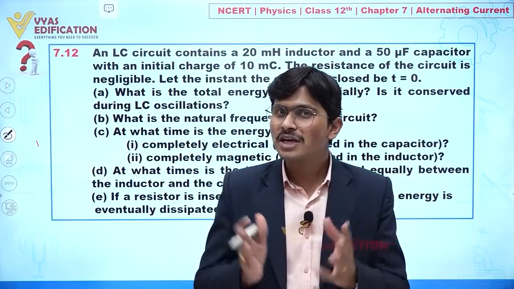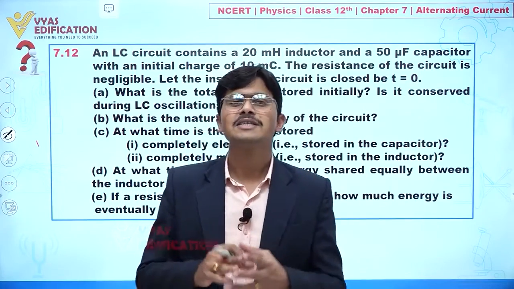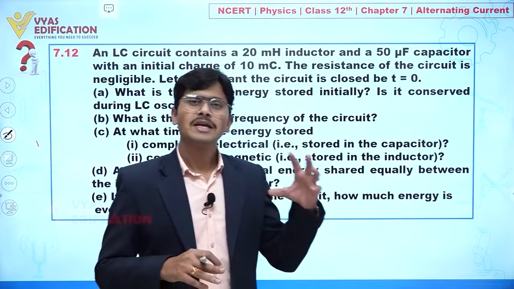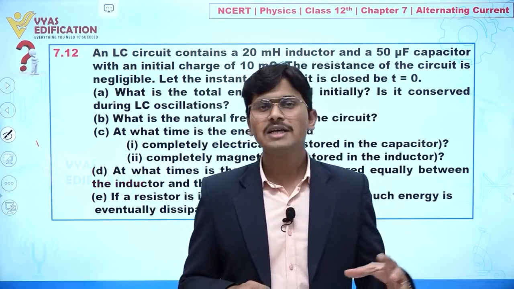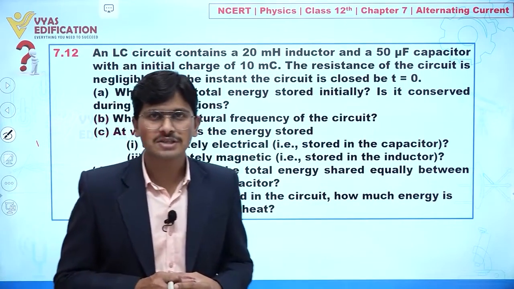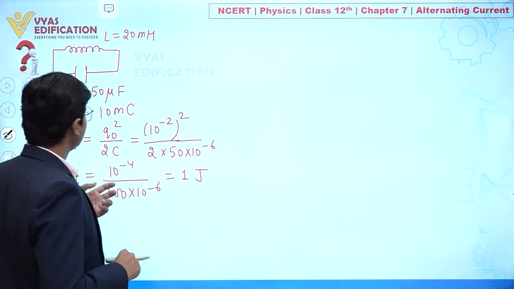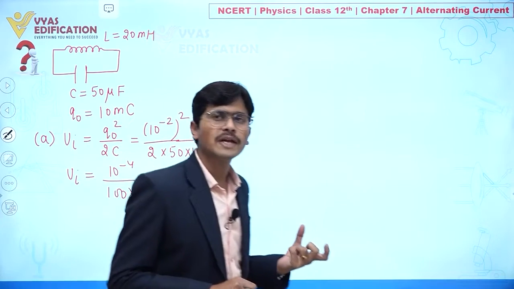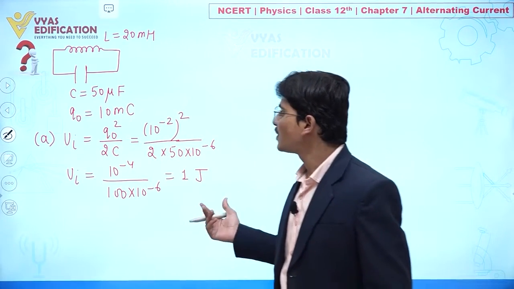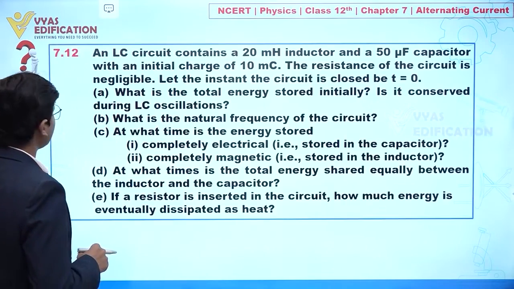But if I am talking about total energy of this system, the sum of electrostatic energy and magnetic energy, that total sum always remains constant, clear. So total amount of energy always remains equal to 1 joule, clear to everyone? Yes. So this is all about part number A.